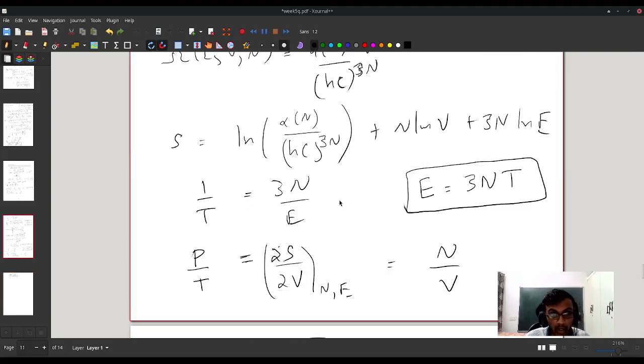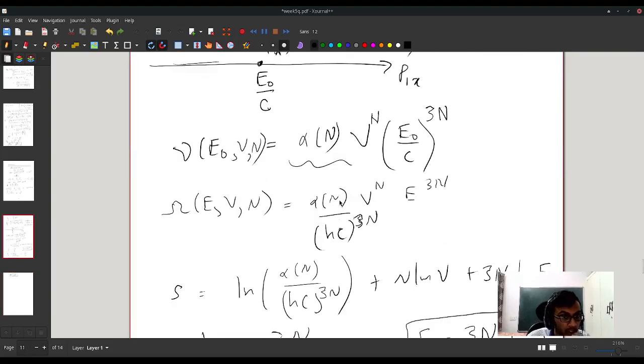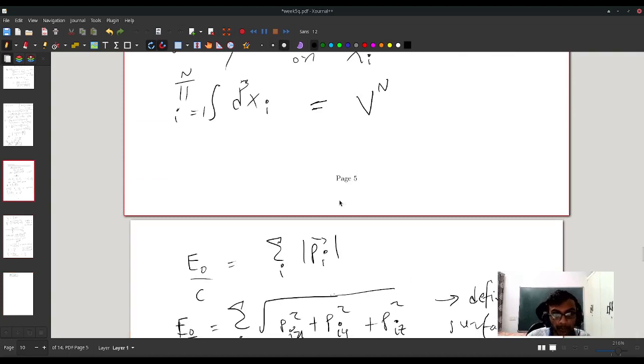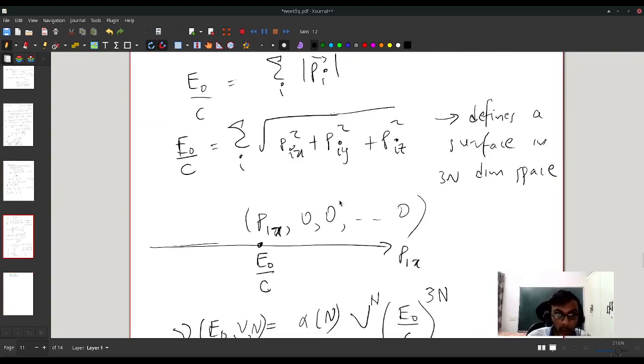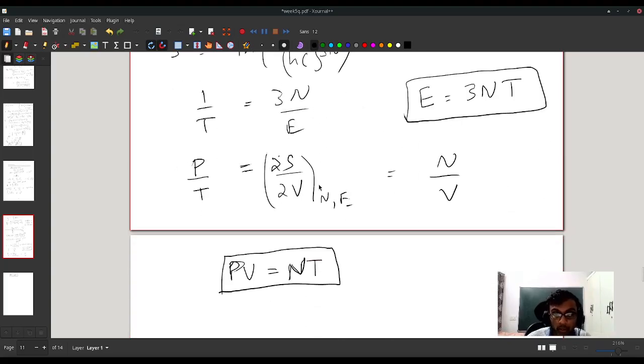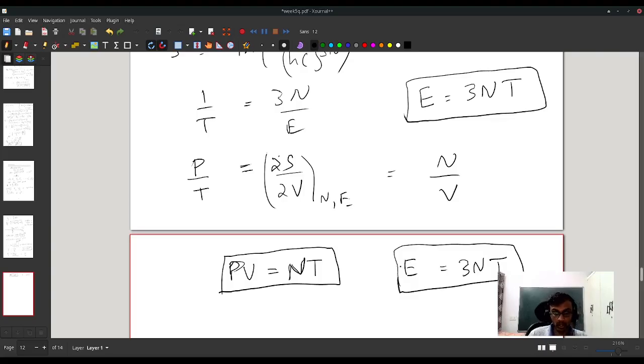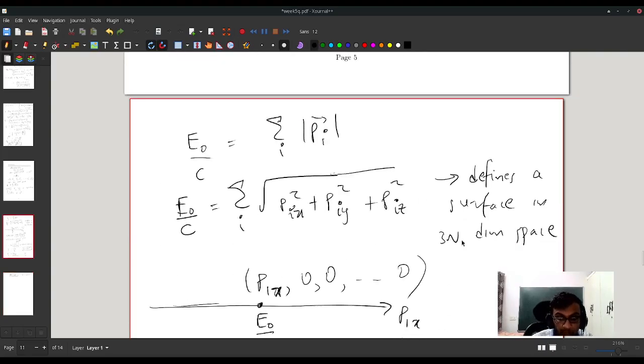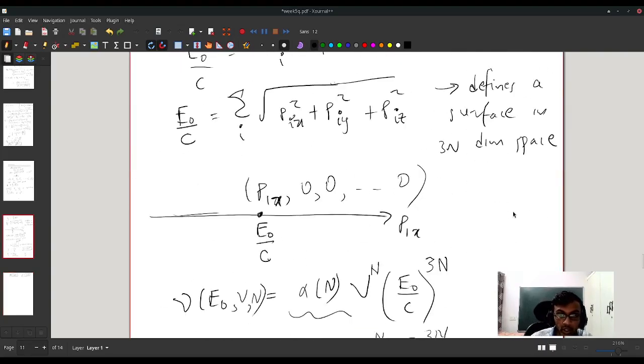But the fact that we changed the dispersion of these particles, the kinetic energy dependence on the momentum, will of course change the heat capacity or the energy. So energy is going to be 3nt. Yeah, so we got these equations.